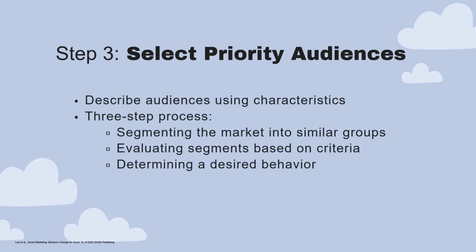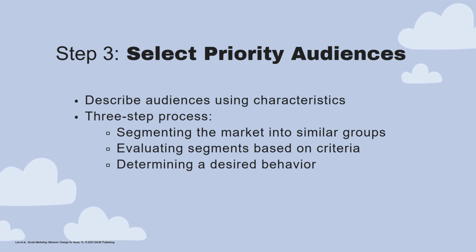Select a priority audience. Describe audiences using characteristics such as state of change or readiness to act, demographics, geographics, related behavior, psychographics, social networks, community assets, and size of the market.